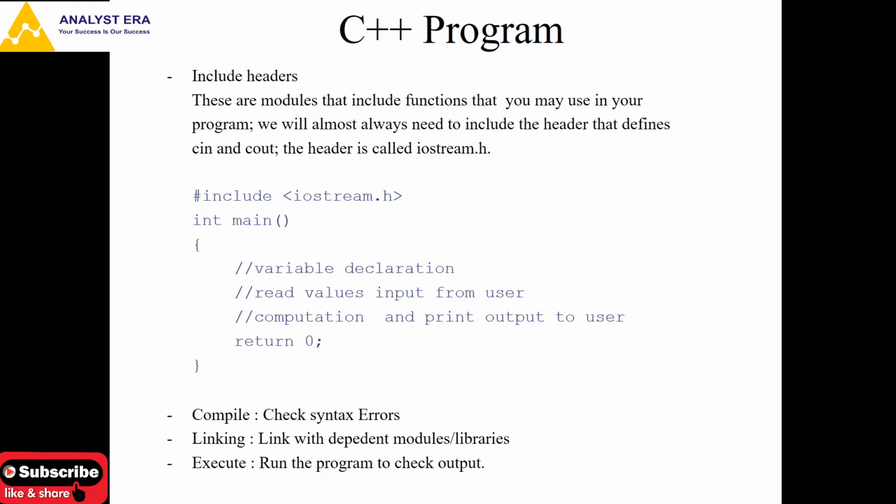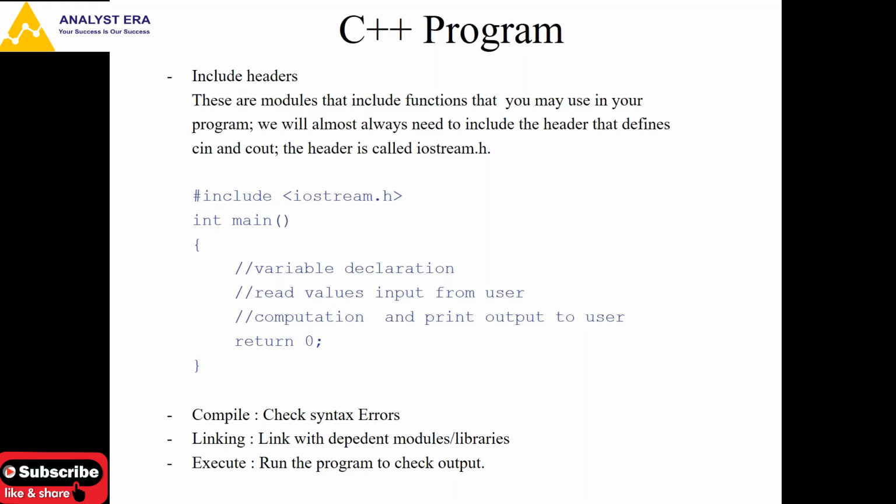Inside this we have variables, we take input values from the user, then we do computation or apply some logic on those input values, and then we print the output to the user. So the main algorithm you write is always inside the main function. This is the basic syntax for any C++ program. I will explain a simple program in the next slide.